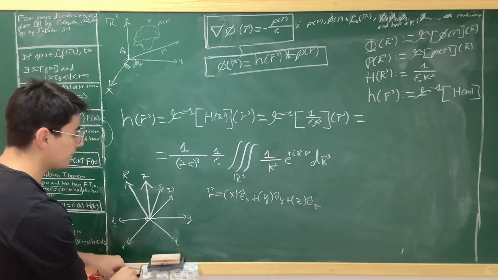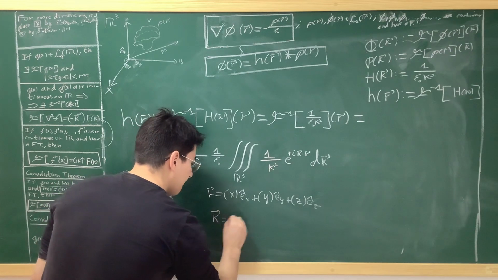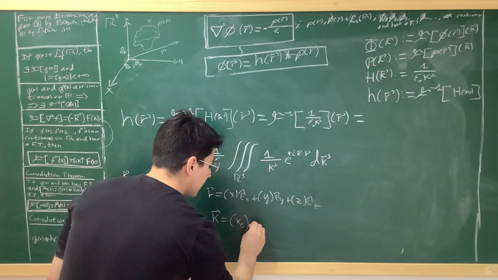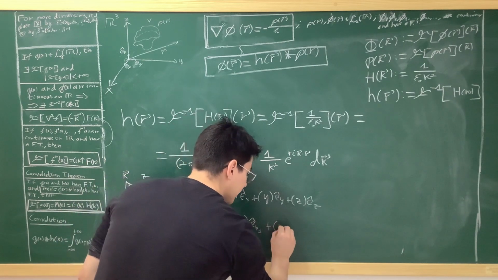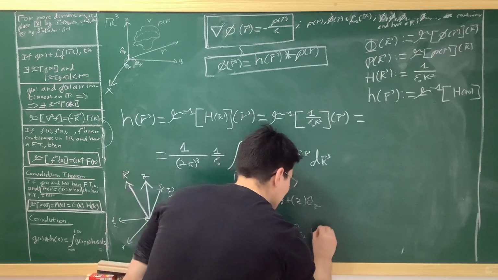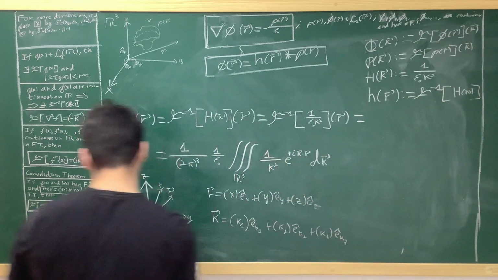And now k will be given by k1 on this ek1 direction plus k2 on this ek2 direction plus k3 on this ek3 direction.